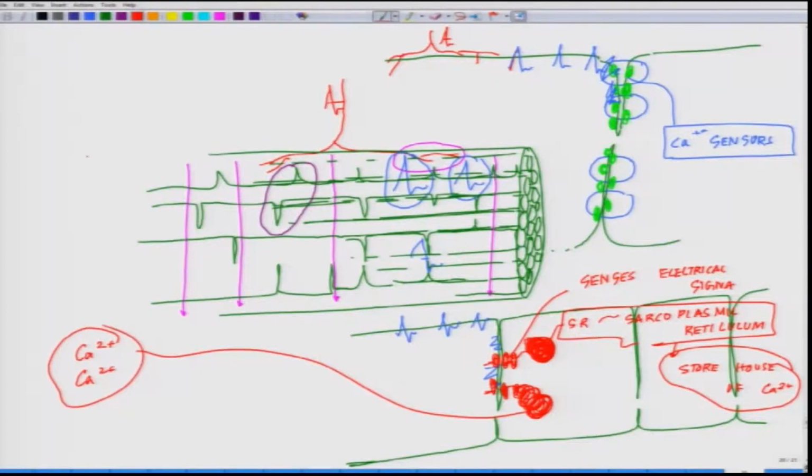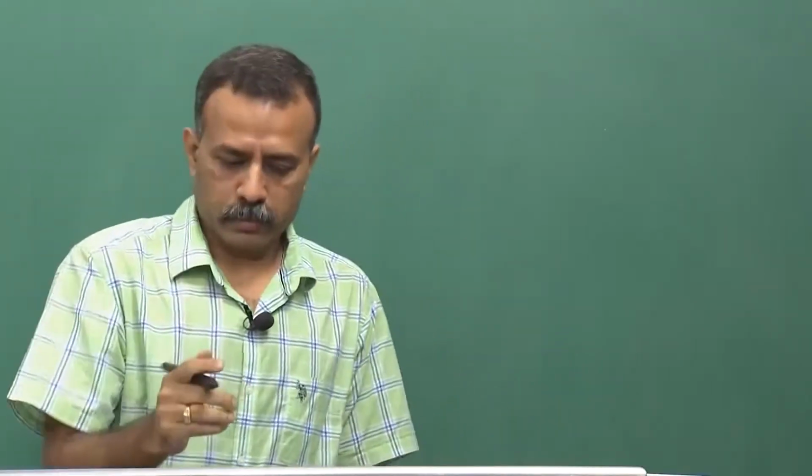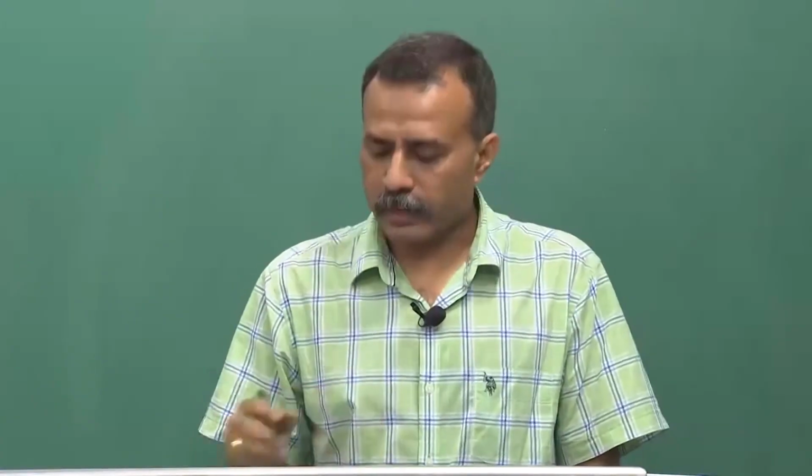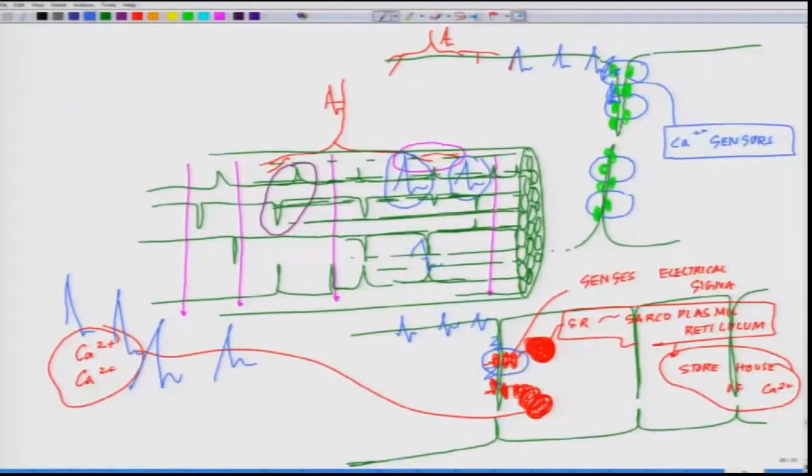Now when the electrical signal comes here, this electrical signal makes this sarcoplasmic reticulum sensitive to it. They get sensitized because of this adapter kind of molecules, which are the calcium sensors, which are ryanodine and DHPR receptors. Okay, this ryanodine and DHPR receptors lets this sarcoplasmic reticulum give out the calcium.